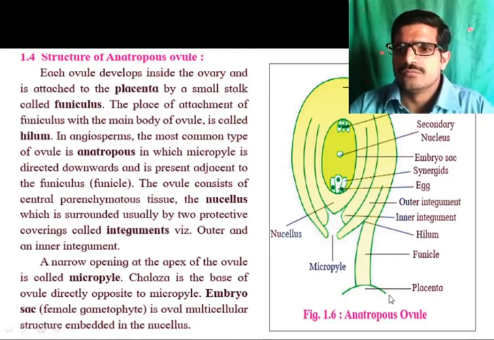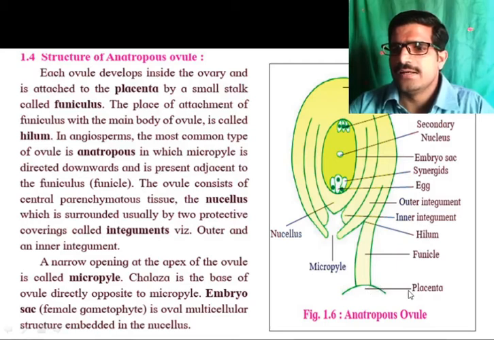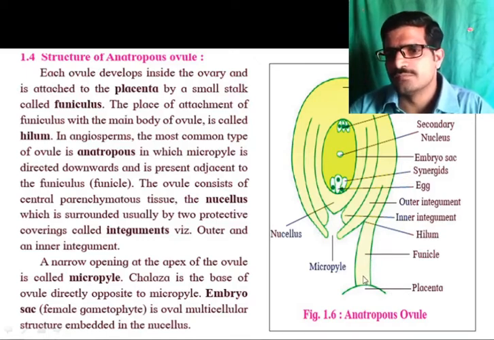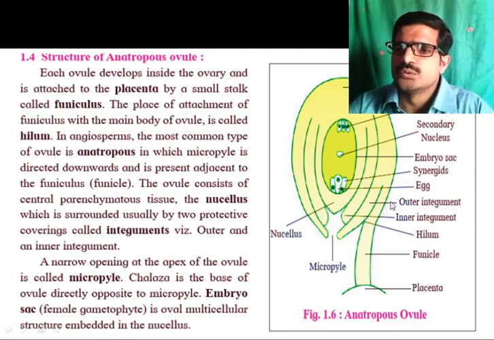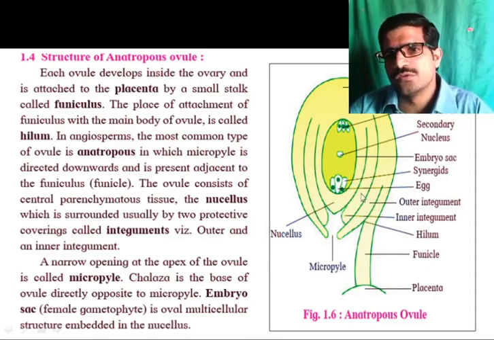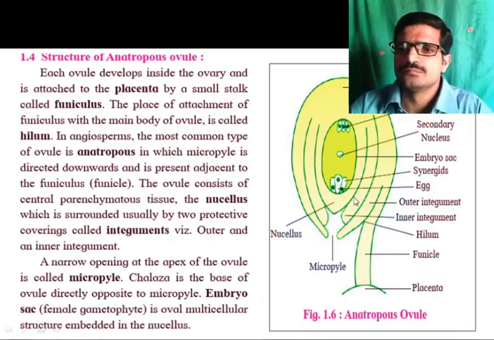The placenta provides nourishment for the developing ovule. The funicle is the stalk of the ovule; it gives protection as well as conduction. The hilum is the point of attachment. The two integuments, outer and inner, give protection to the developing ovule.